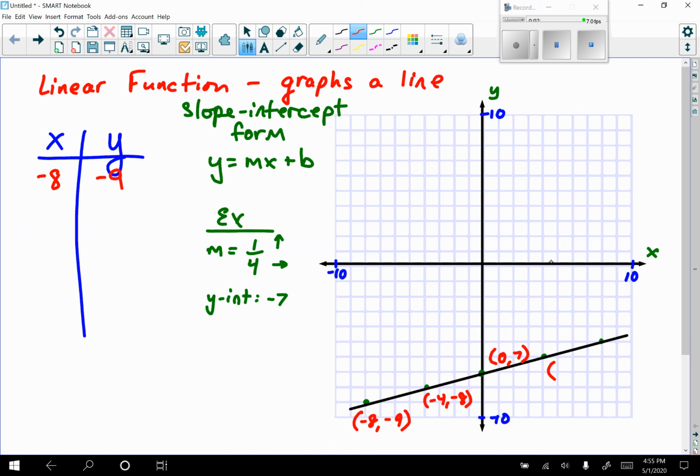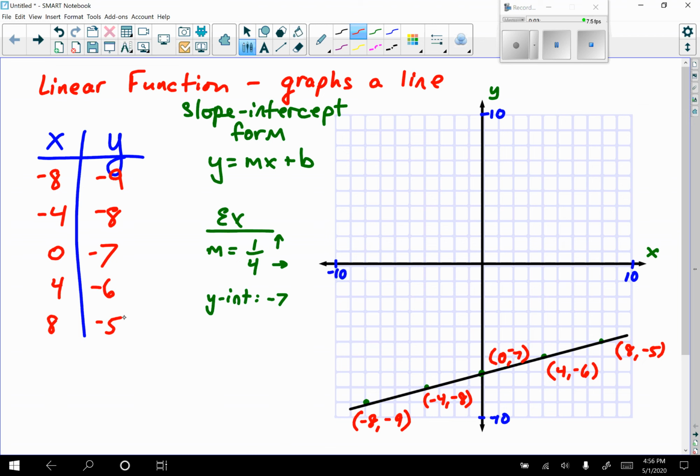My next point looks to be 4, -6. And then my last ordered pair here is at 8, -5. So as I fill these in, another ordered pair I'm going to write, so this would be like in your second box: -4, -8, then 0, -7, 4, -6, and 8, -5.